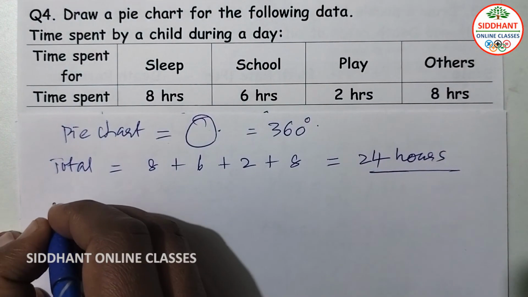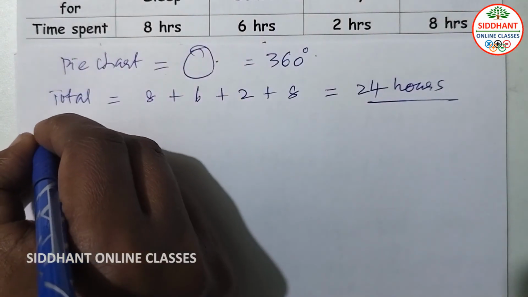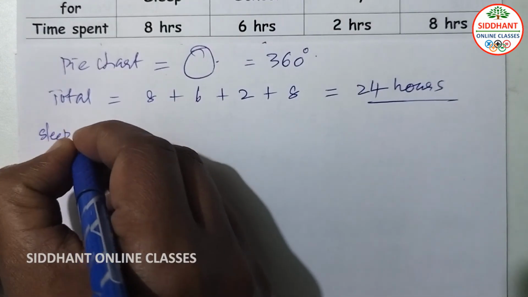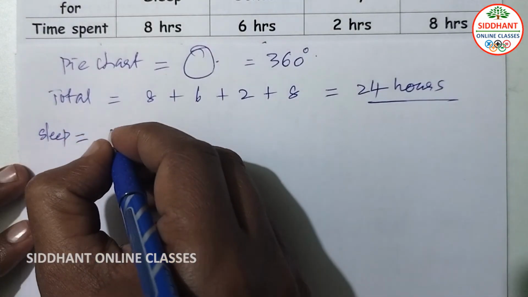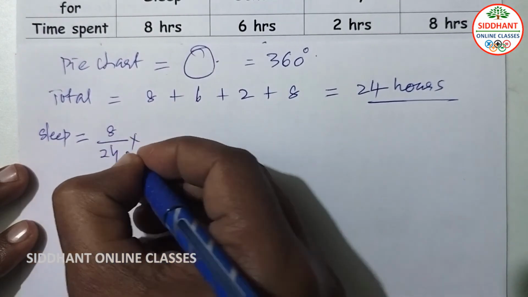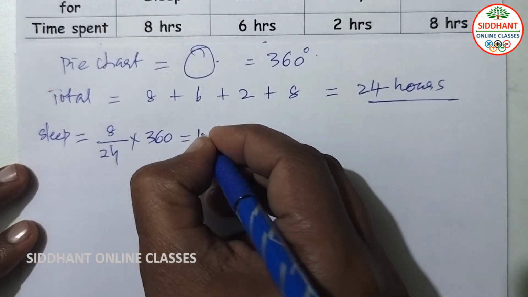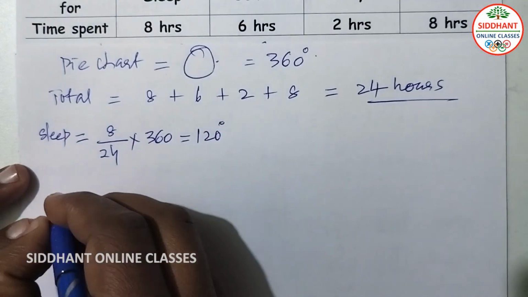So here when you are going to see sleep, suppose, time spent is 8, total is 24 into 360, so that will be 120 degrees.